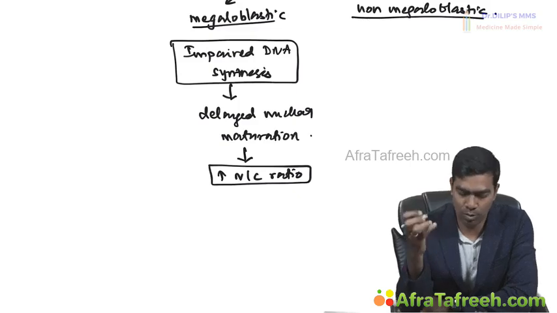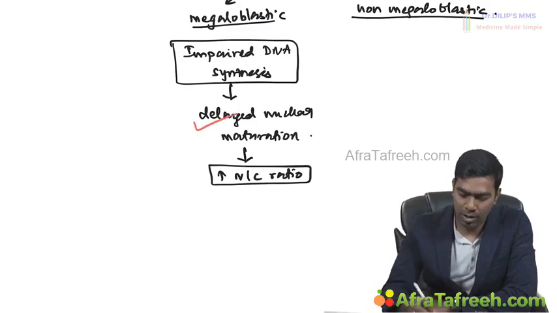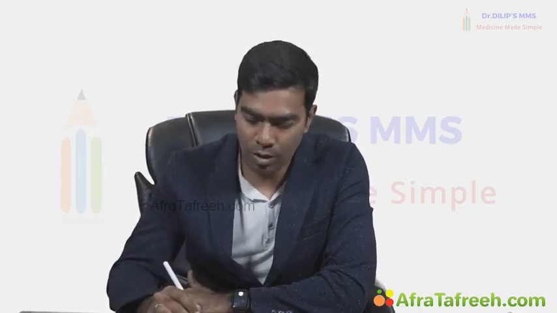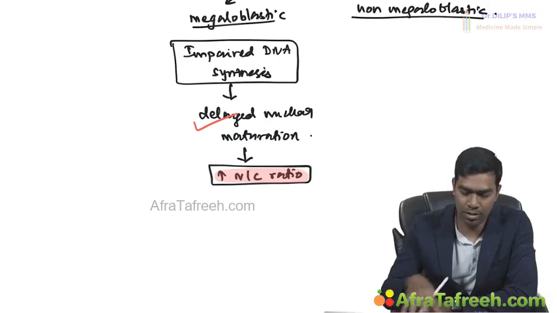But here, because of the delayed maturation and poor DNA synthesis, maturation will not happen. The nucleus will not become smaller and will remain bigger, and that is the reason your nuclear cytoplasmic ratio is increased in these patients.